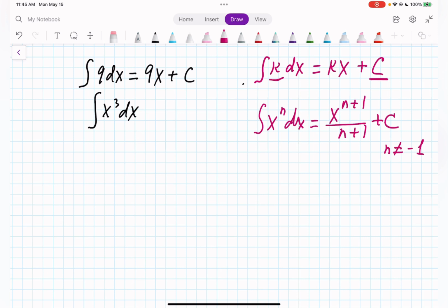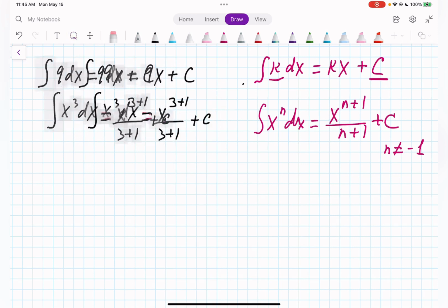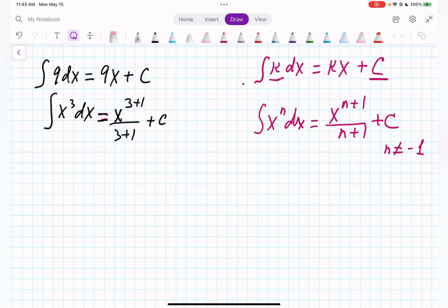So from here, let's solve it: x to the power 3 plus 1 divided by 3 plus 1 and plus C. So from here, it is equal to x to the power 4 divided by 4 and plus C. Yes?